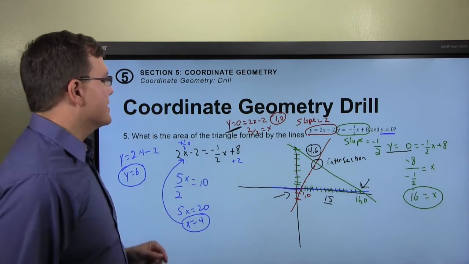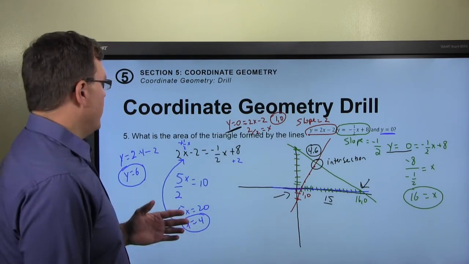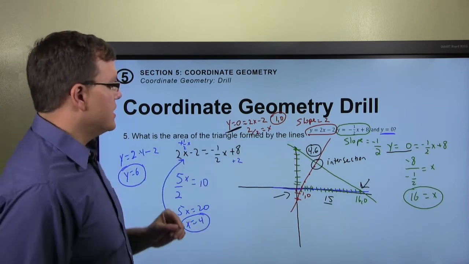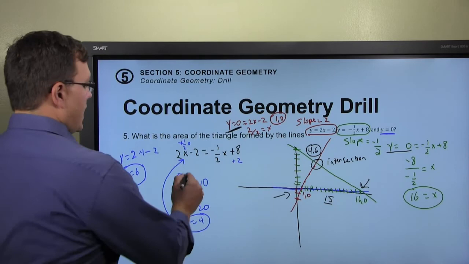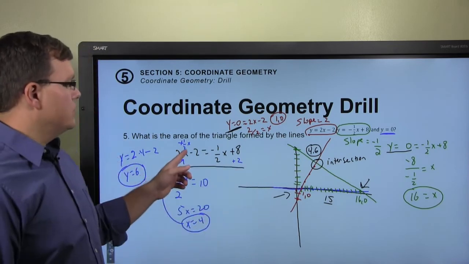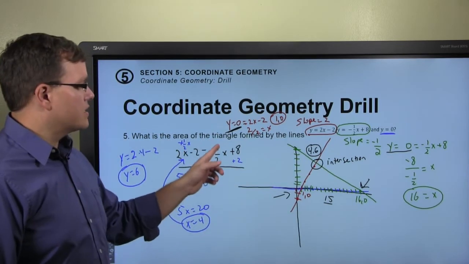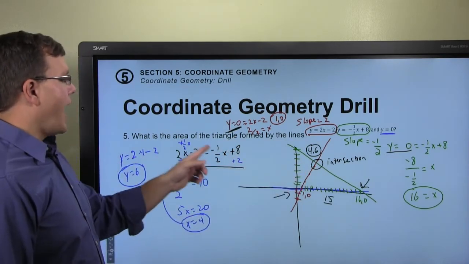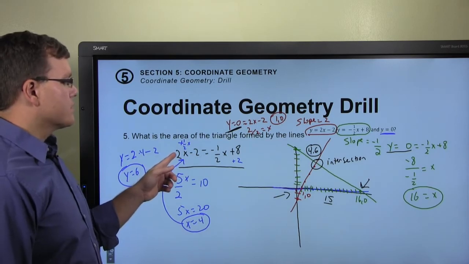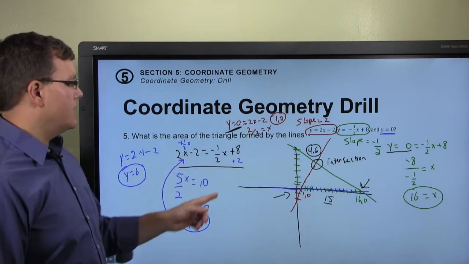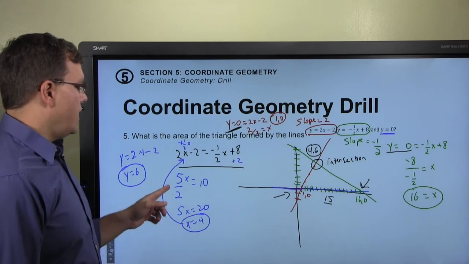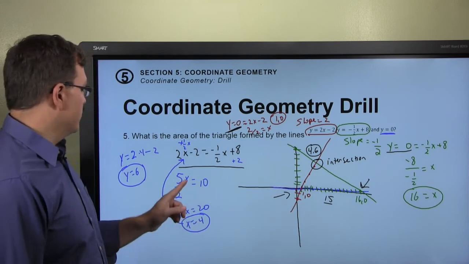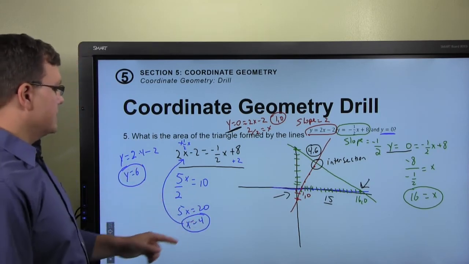Then the actual intersection comes where we have these two lines equal. That's the point where they intersect. So over here I've made 2x minus 2 equal to negative 1/2 x plus 8. We add 1/2 x to this side and add 2 to this side. We have 10 equals 5/2 x, and then 5x is equal to 20, so x is equal to 4.